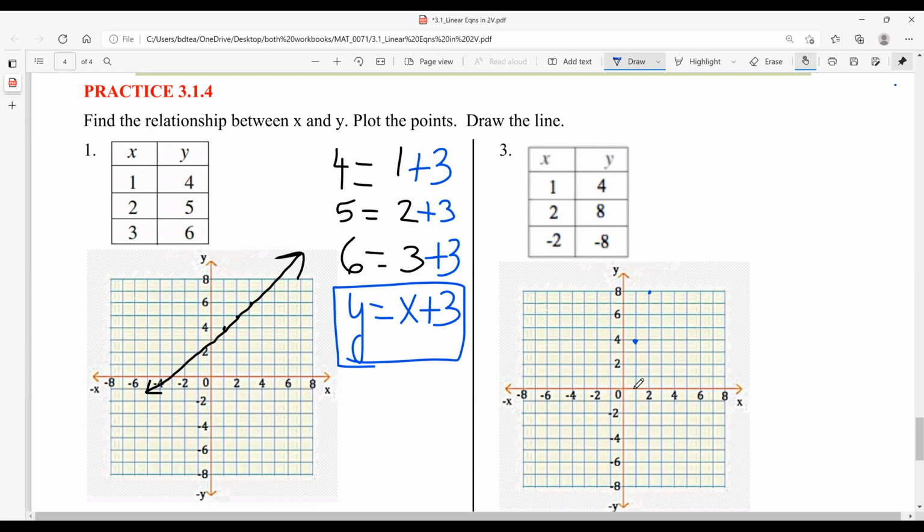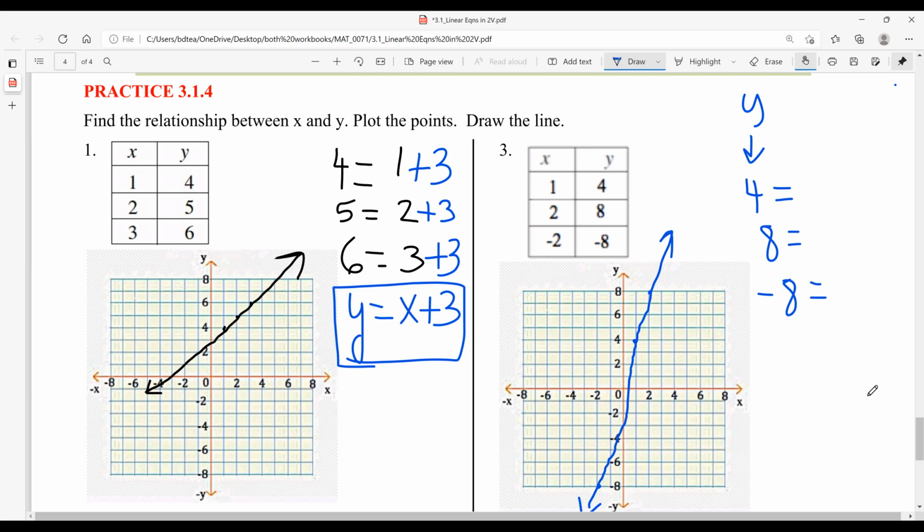Negative 2, negative 8: starting at the origin, (-2, -8) is here. So the line for number 3 looks like this. It's supposed to be a straight line. I don't have a straight edge, but it should be a straight line. And if we try to determine the relationship here, the y values are 4, 8, and -8.